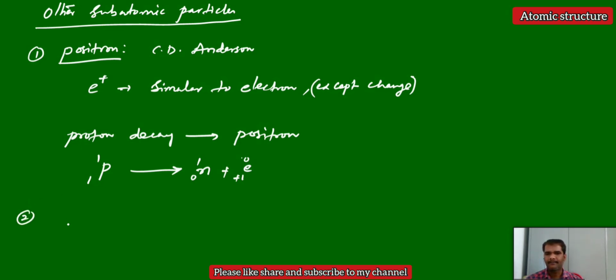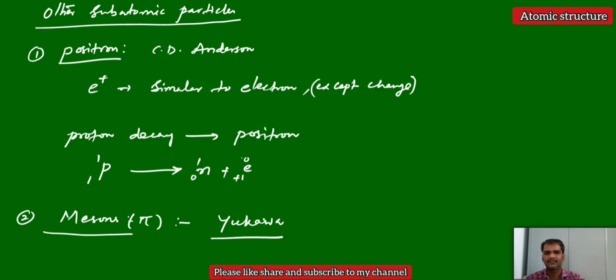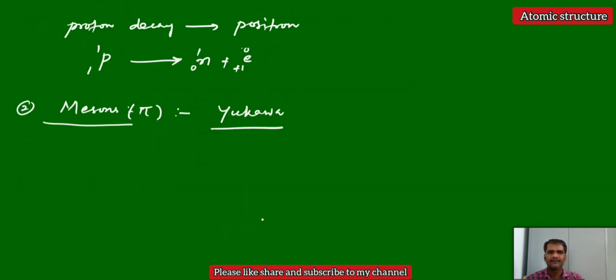And the second one, mesons, another subatomic particle. Generally, we can represent this with the symbol pi. And mesons were discovered by the scientist Yukawa. Yukawa discovered the fundamental particle mesons. Here we have various types of mesons. Positive mesons are represented with pi plus, neutral mesons with pi 0, and negative mesons with pi minus.